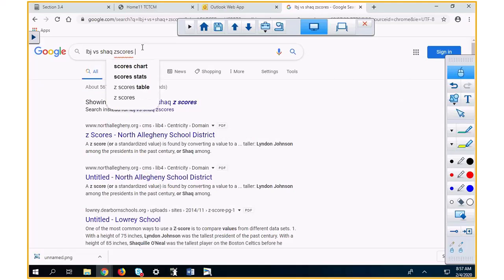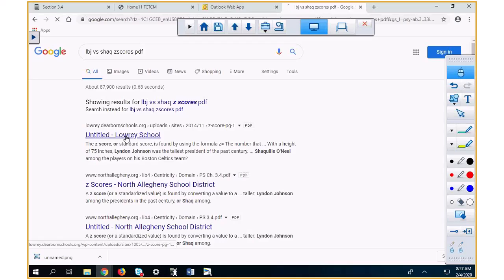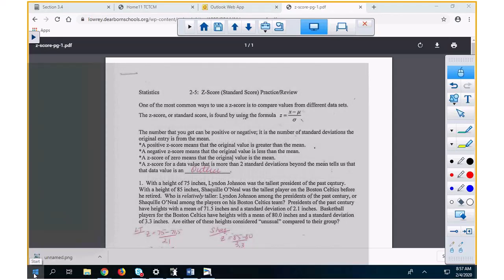It's a PDF. I don't know if I'll be able to find it or not. Let's see if this is it. Yep.